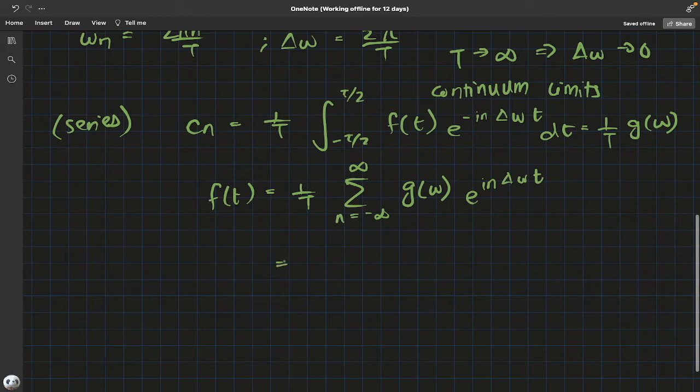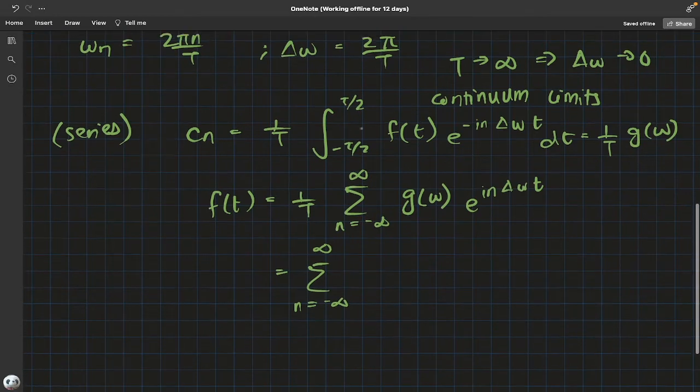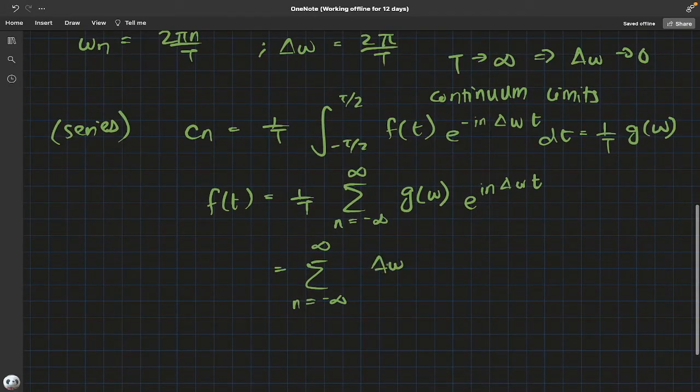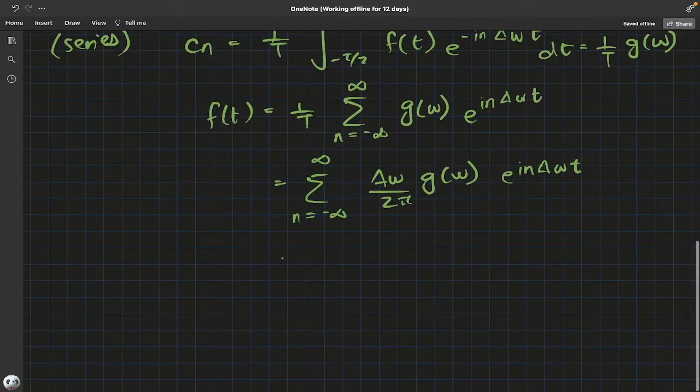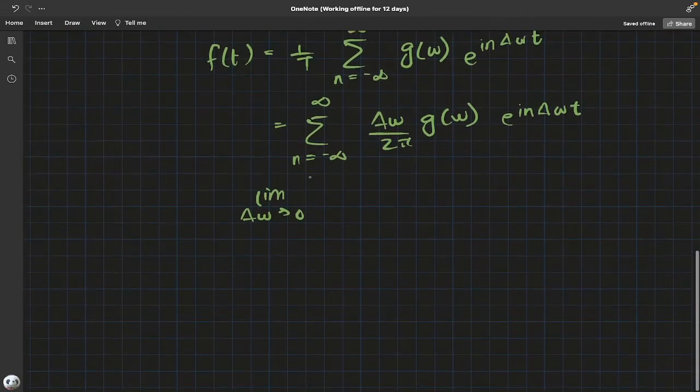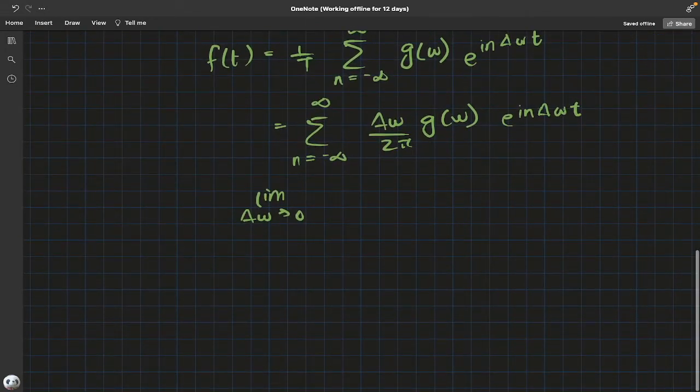So we have the summation still going on, and then this, by our definition, is going to be delta omega over 2 pi g of omega e to the i n delta omega t. Well, in the limit, this delta omega goes to 0, this goes to 0, and this is also going to 0. So it's actually not all going to 0.